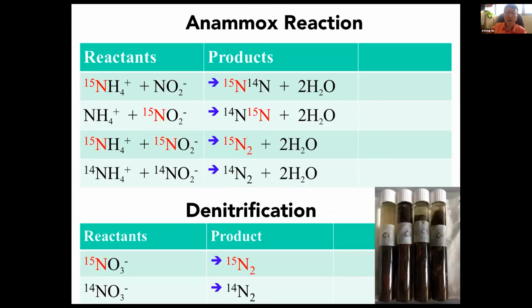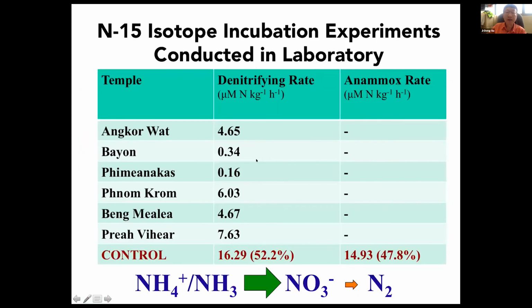And the last piece I want to show to you is we use another technique, which is called the isotope technique. This allows us to differentiate the 2 processes that contribute to the removal of nitrate. I'm not going into the technical detail, but what I want to show to you is there is a very active ammonia oxidation to produce nitrate, while the nitrate removal by denitrification and the anammox process is very weak, because I use a small arrow here.